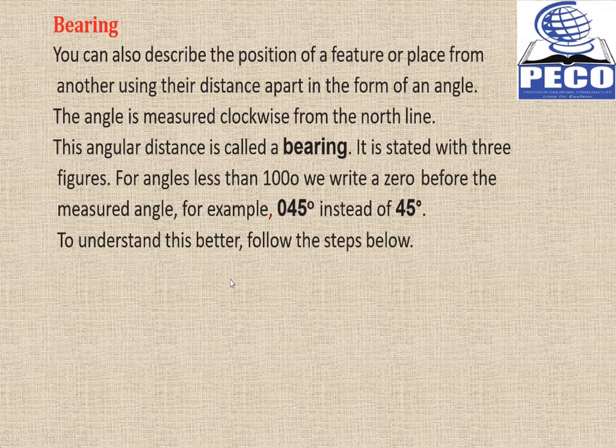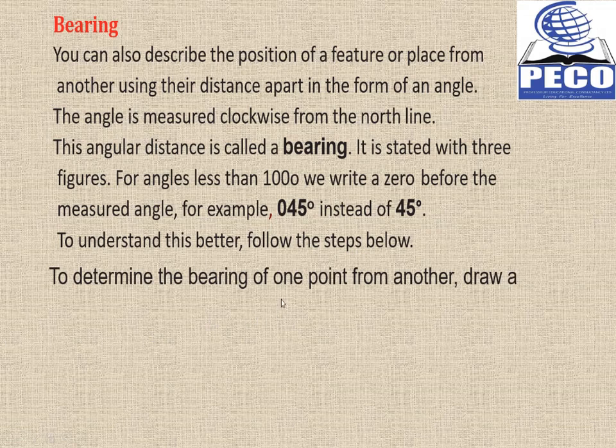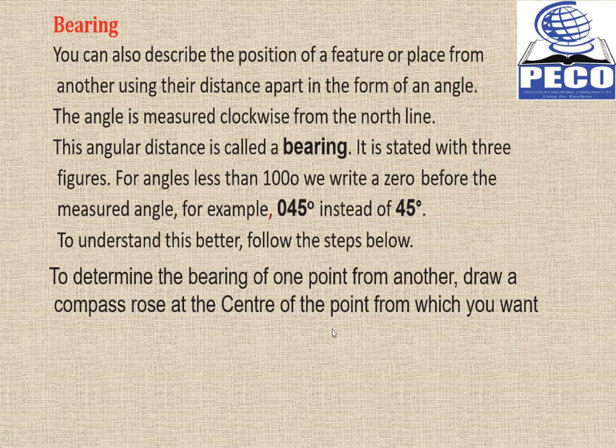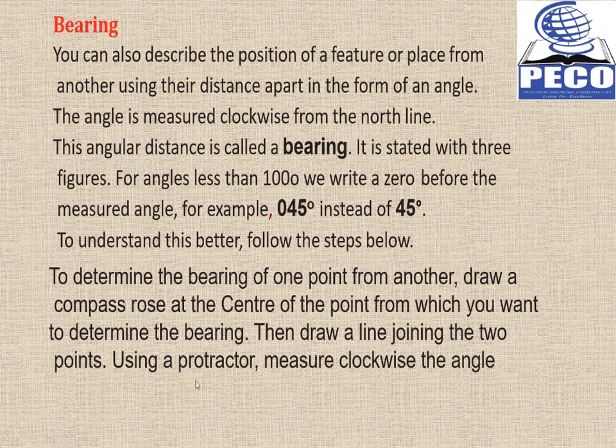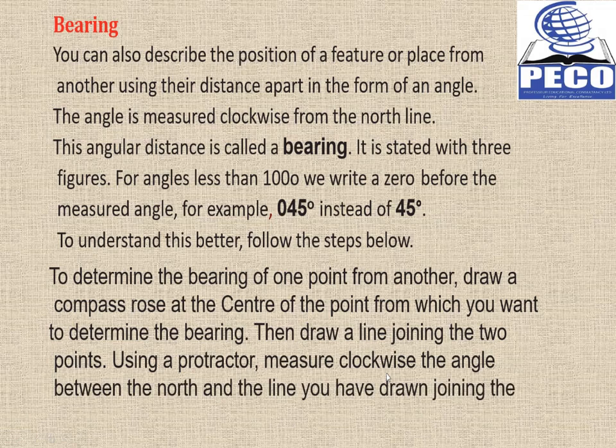So to understand this better, we follow the steps below. To determine the bearing of one point from another, we draw a compass rose at the center of the point from which you want to determine the bearing. That is 1. 2, we draw a line joining the 2 points, and then using a protractor we measure clockwise the angle between the north and the line that we have drawn, which is joining the 2 points.